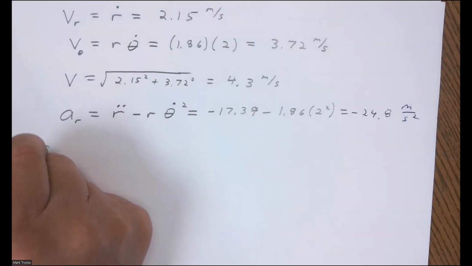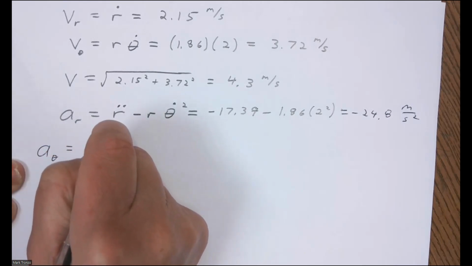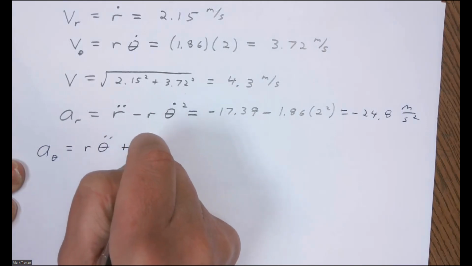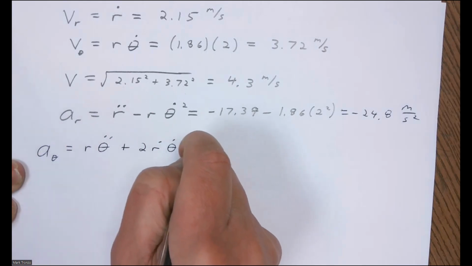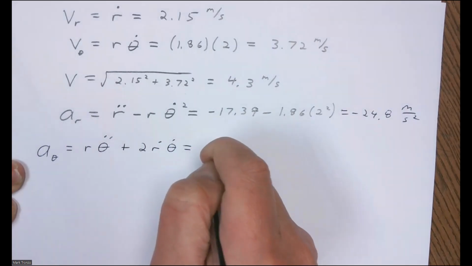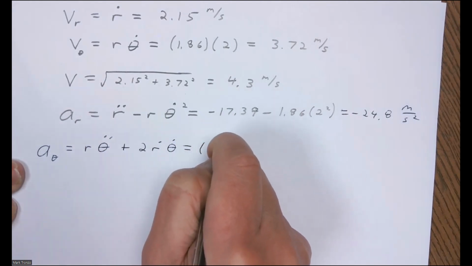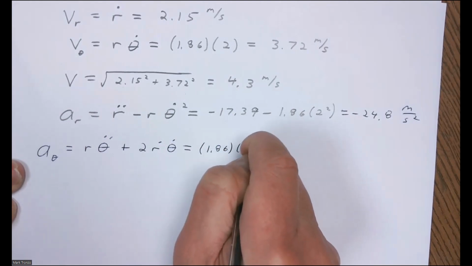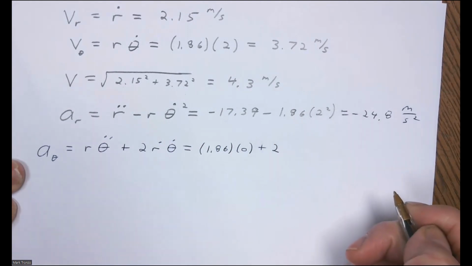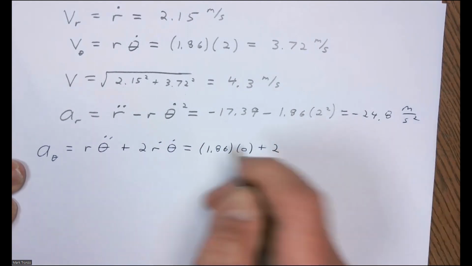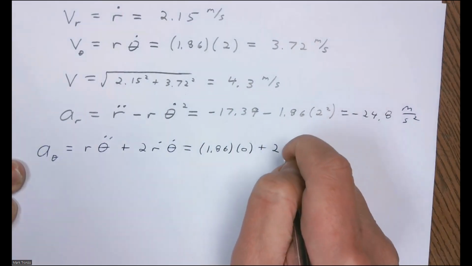And then a theta is r theta double dot plus 2 r dot theta dot. And theta double dot, remember, is 0. Plus 2 times r dot, which we found to be 2.15.